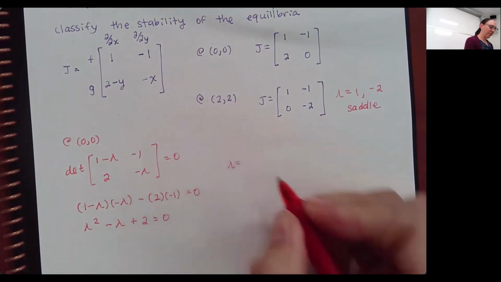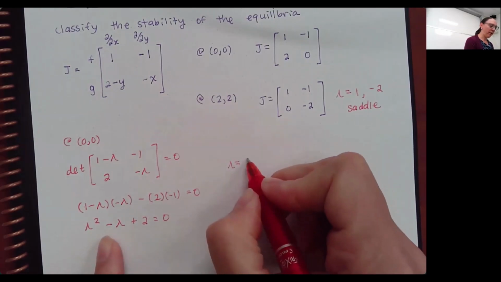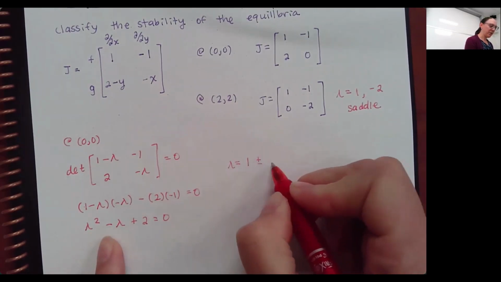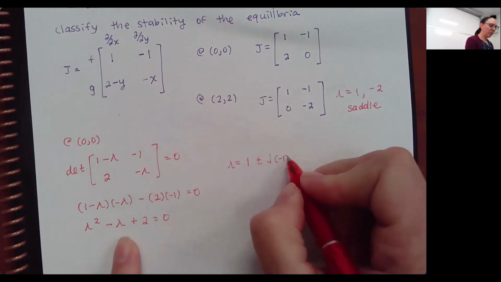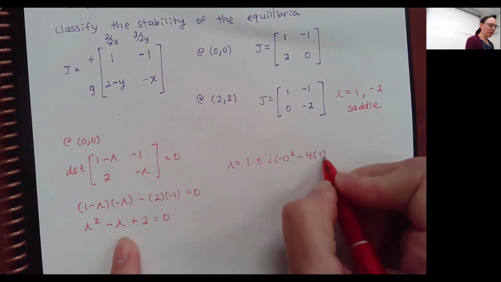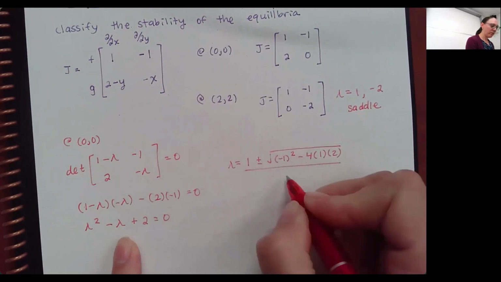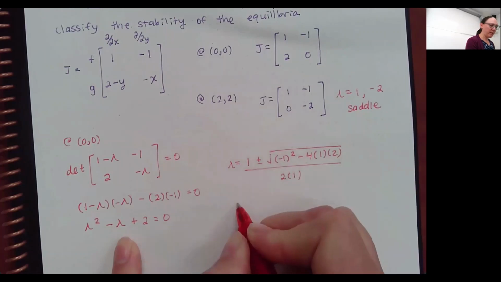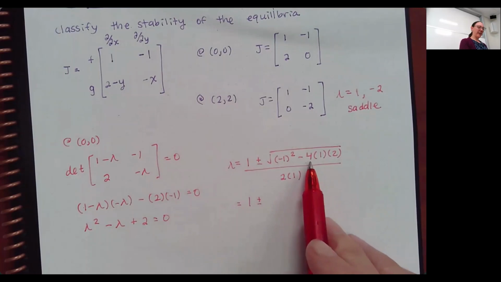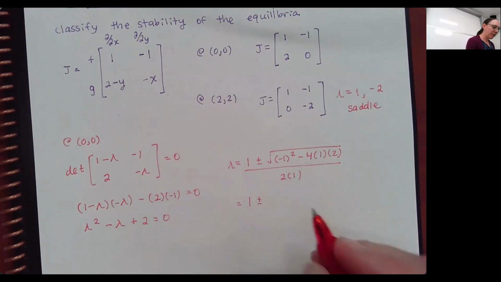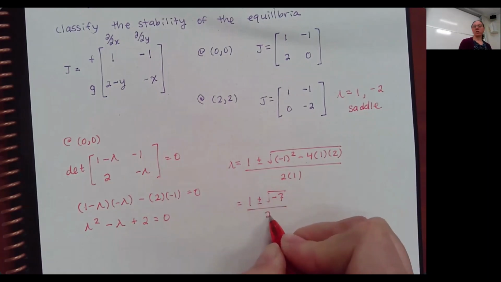So my lambda is going to be 1 plus or minus the square root of -1 squared minus 4 times 1 times 2, all over 2 times 1. So 1 plus or minus, inside here, that looks like a -7. Square root of -7 all over 2.